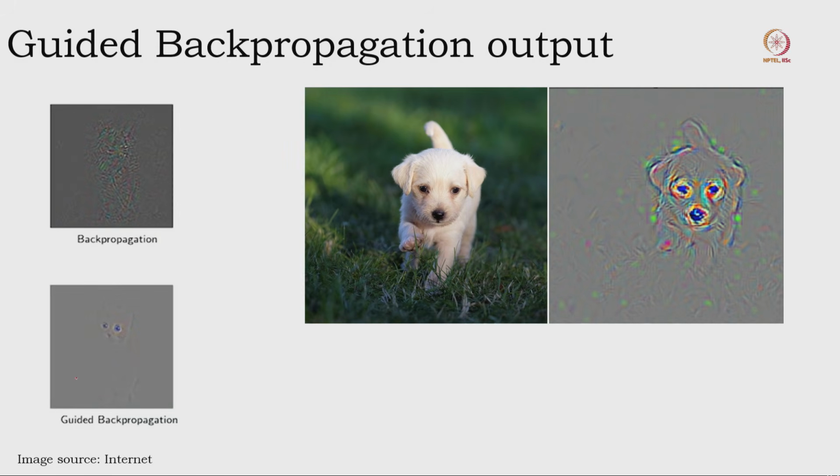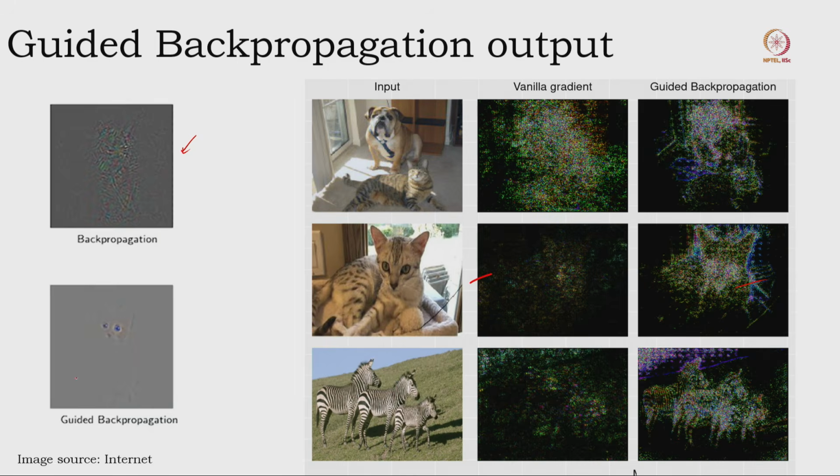Finally, this is the output that we get during guided backpropagation. Here the features are not very clear, but when you apply guided backpropagation, it is going to highlight which are the more important features. This is the input image, and these are the outputs of guided backpropagation.